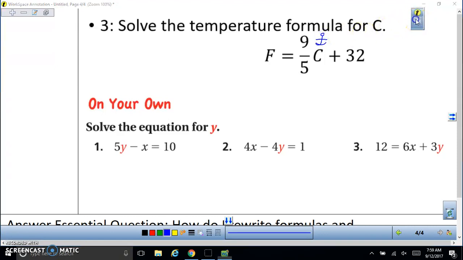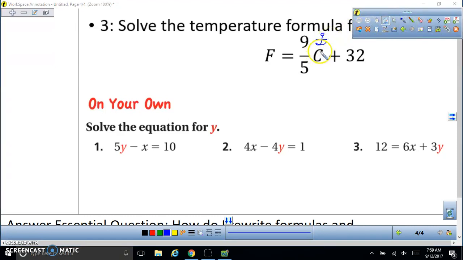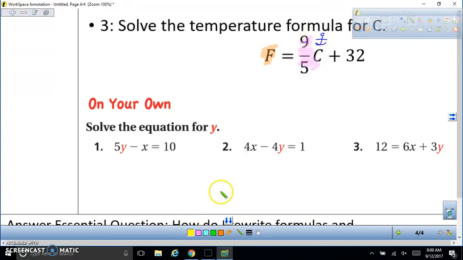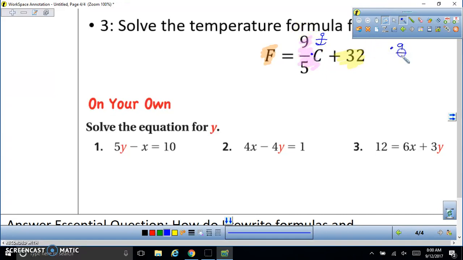Okay. So, parentheses. Nope. Like terms. Let's go through and highlight our like terms. F, C, constant. Okay, no like terms. What is happening to C? We have a multiplication right here. Multiplication of 9/5, so multiplication of 9/5.